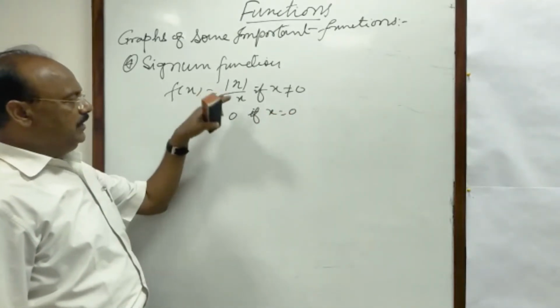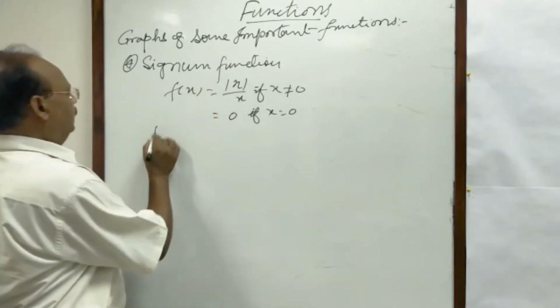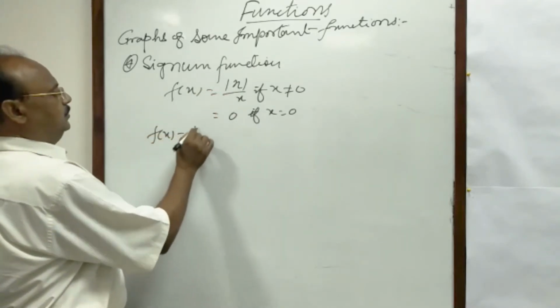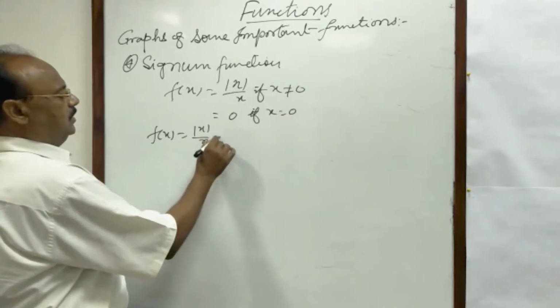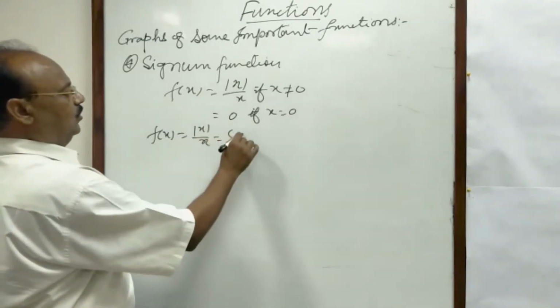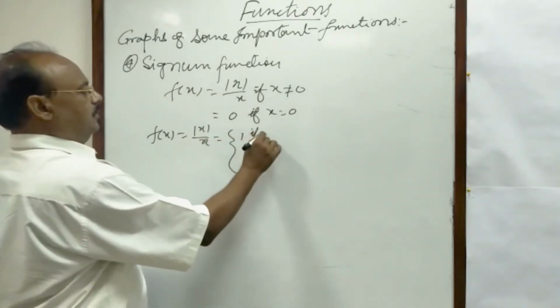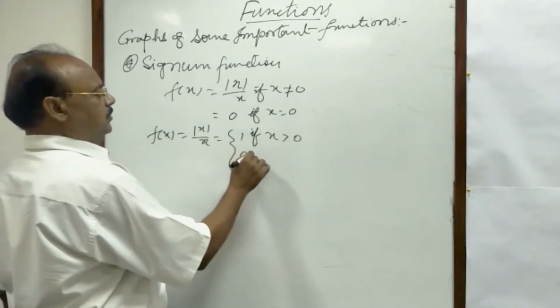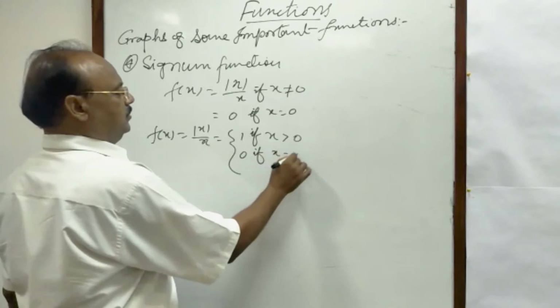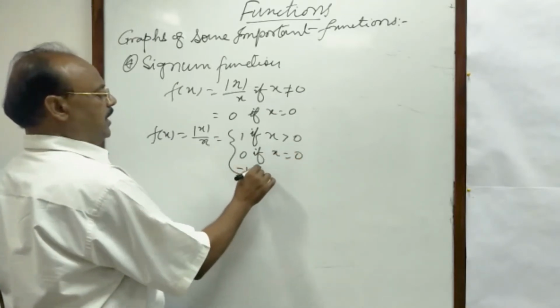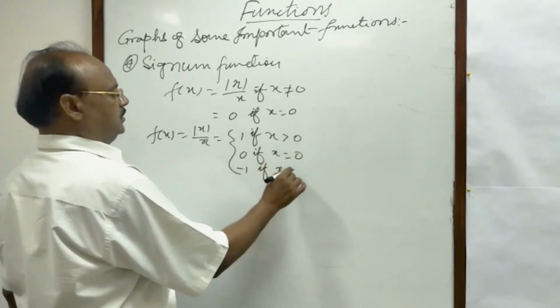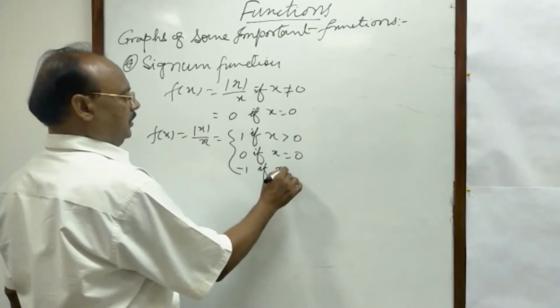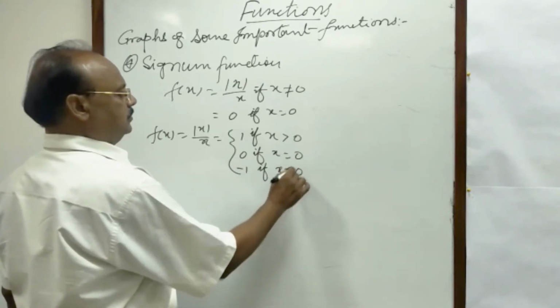If we elaborate this definition, then we can write f(x) = |x|/x, which is equal to 1 if x is greater than 0, equal to 0 if x is equal to 0, and equal to minus 1 if x is less than 0.